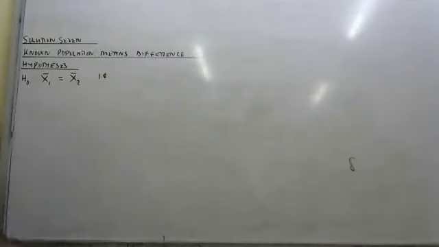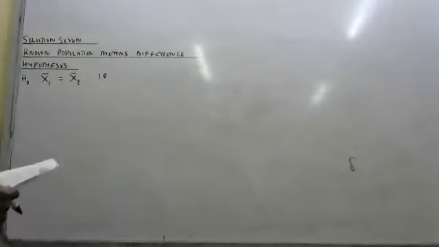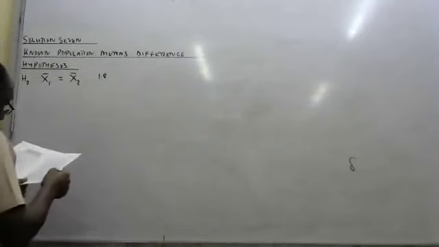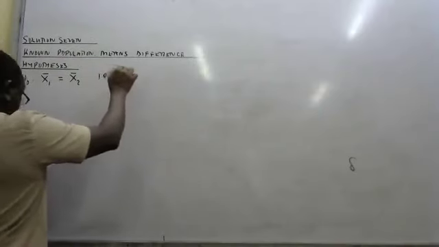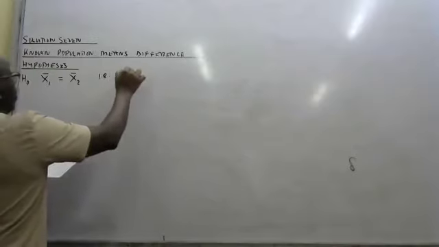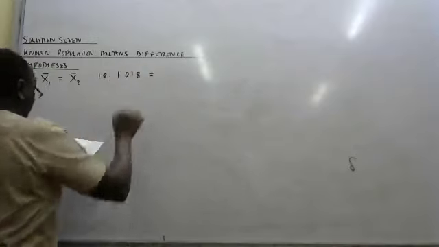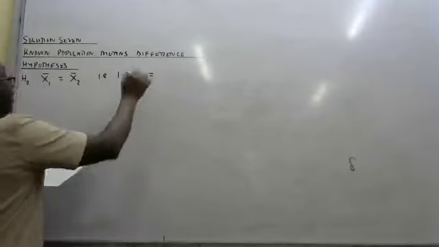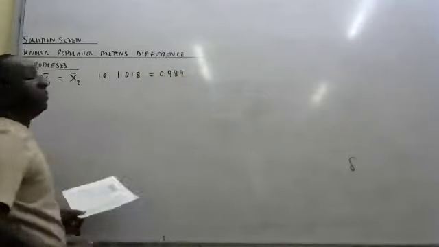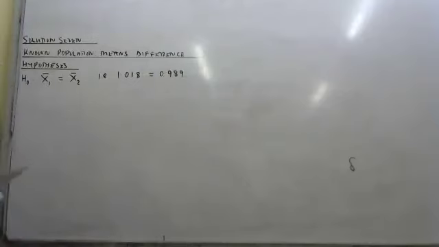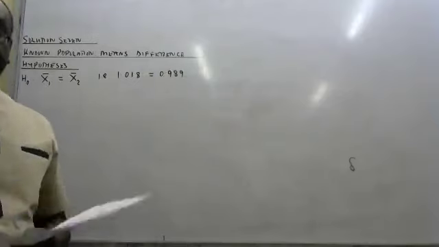That is, the mean of the first sample was found to be 1.018, and the other one was found to have a mean of 0.989. So we are saying that they are the same.